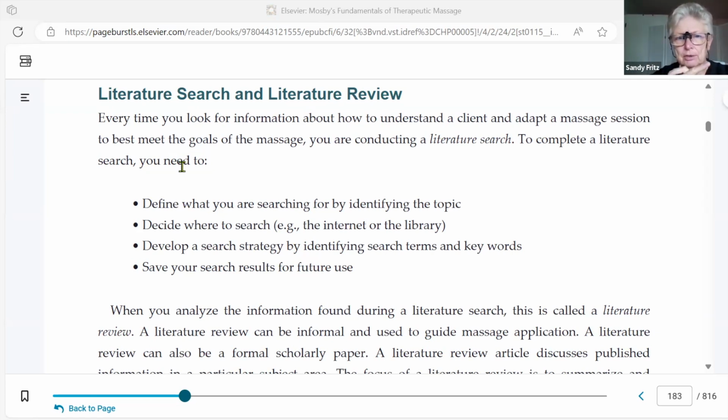I want to encourage you to utilize and explore your local library. The librarians can be a tremendous help in helping you with the research process. And you have to kind of find the right terms that lead you to what you want. And then there are ways that you can save that research.